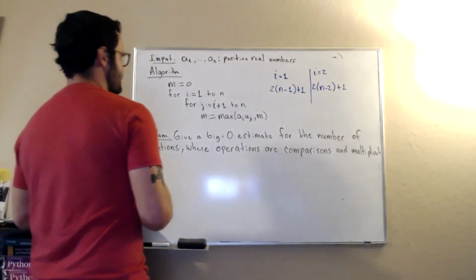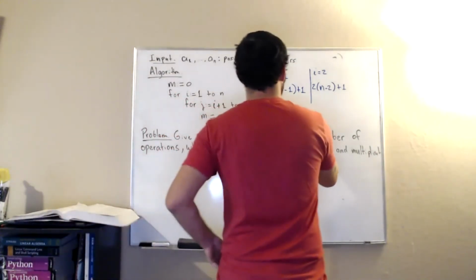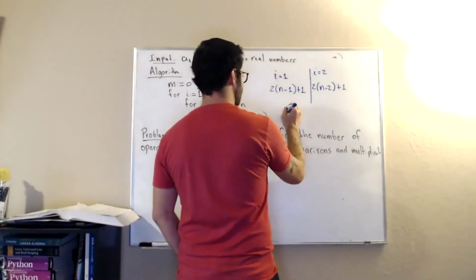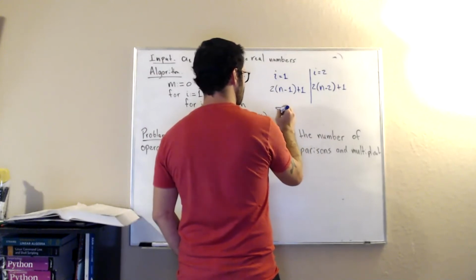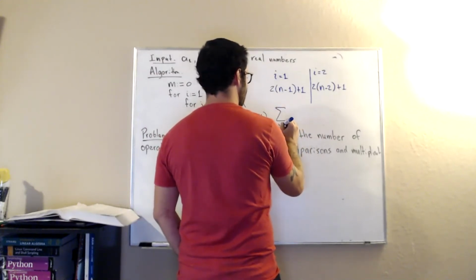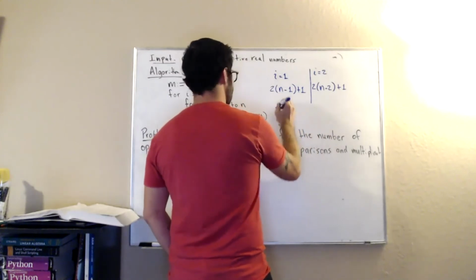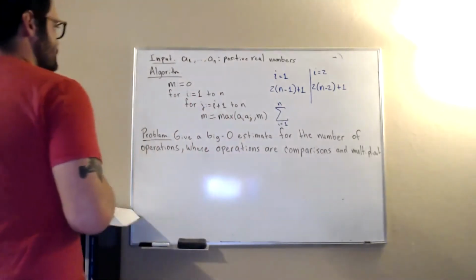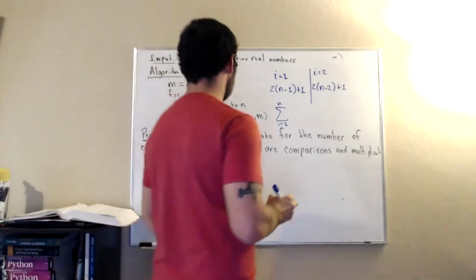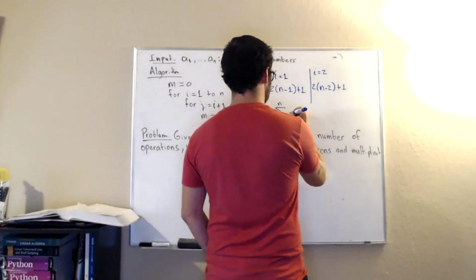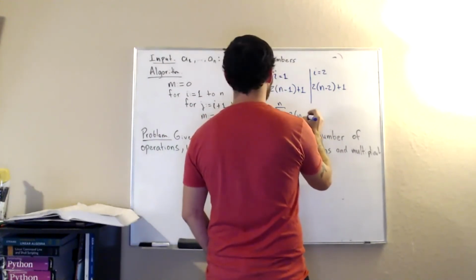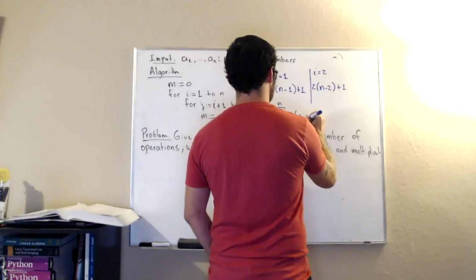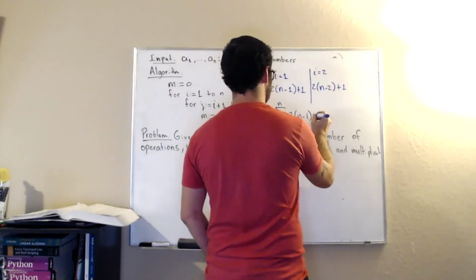So it looks like it's going to be the sum from I equal 1 to n of 2 times n minus I, plus 1.